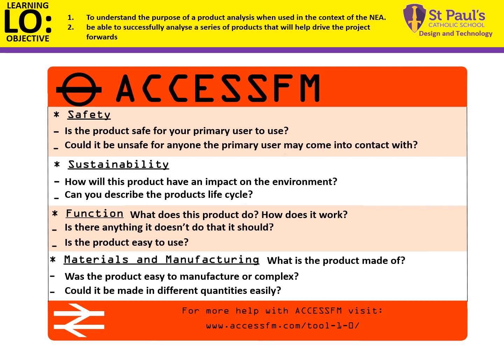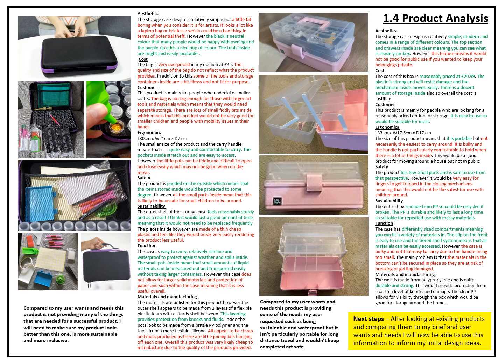For those of you aiming for the higher mark bands, you can also take a product and look at the product's life cycle. And this is where we look at it from where the materials were taken out of the ground all the way through to where it's used, gets recycled, transported, etc., and how that has an impact on the environment. So this is just an example of a really high level product analysis.